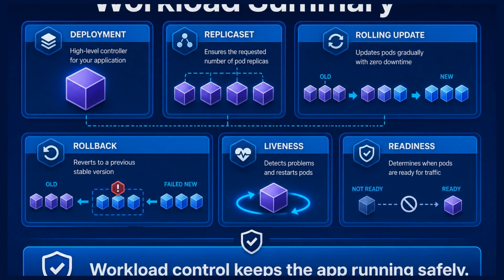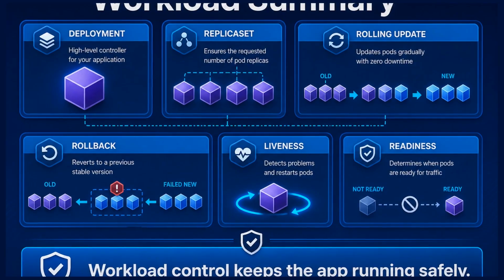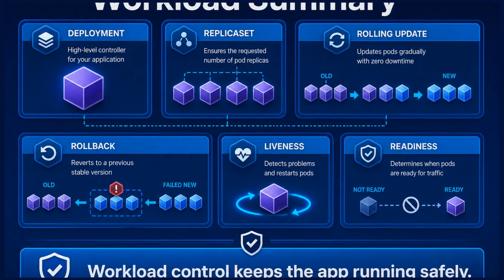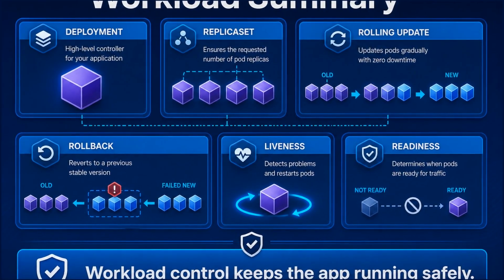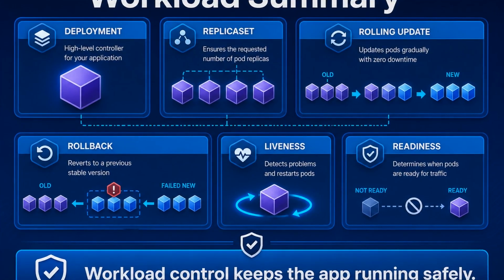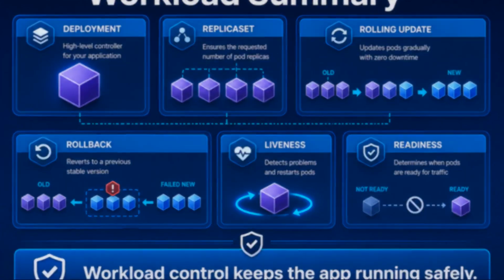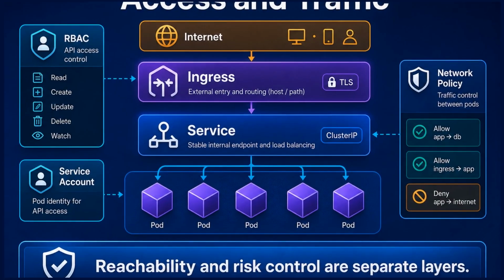So here is the simple mental model. Deployments describe the application state you want to keep true. Replica sets keep the requested number of pods alive. Rolling updates and rollback help teams change versions more safely. Liveness and readiness probes protect runtime health and traffic readiness. Services give pods a stable internal front door.